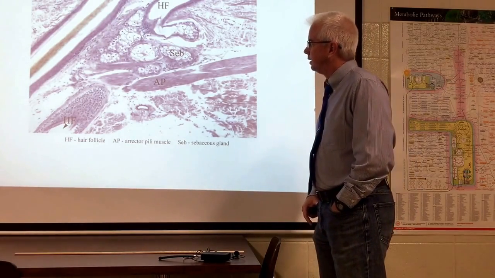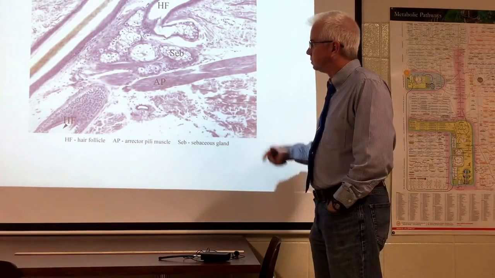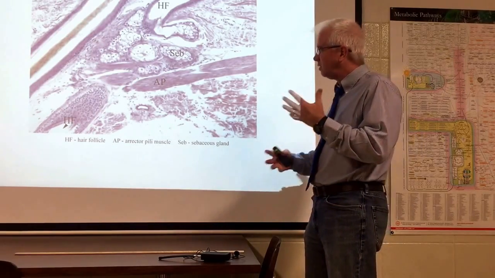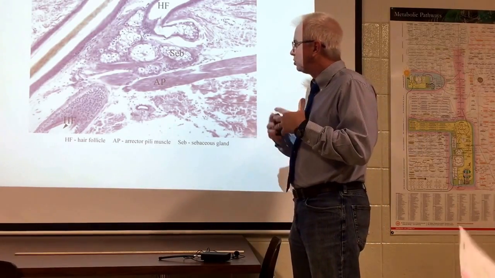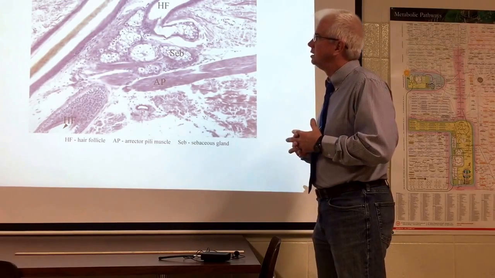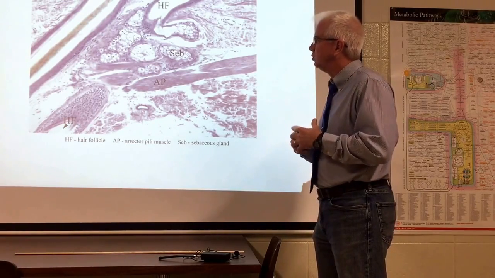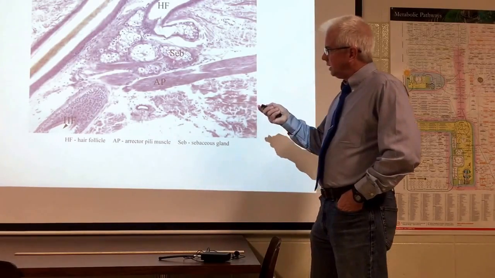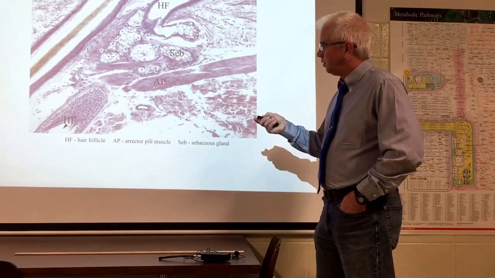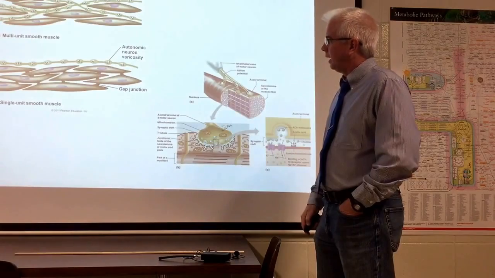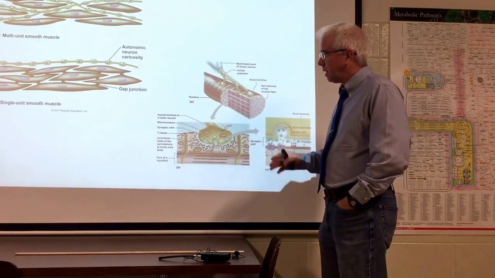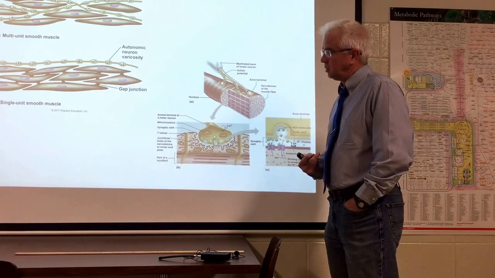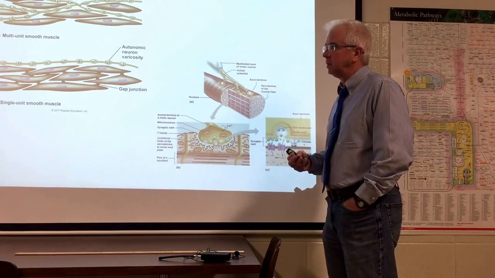The sebaceous gland is responsible for making this product called sebum that appears to be somehow involved in nourishing the hair and giving the skin an oily feel. So I want you to see them once again in a histosection here associated with the erector pili muscle. And I want to use that to once again remind you about the differences in the way the nervous system communicates with different types of muscle.